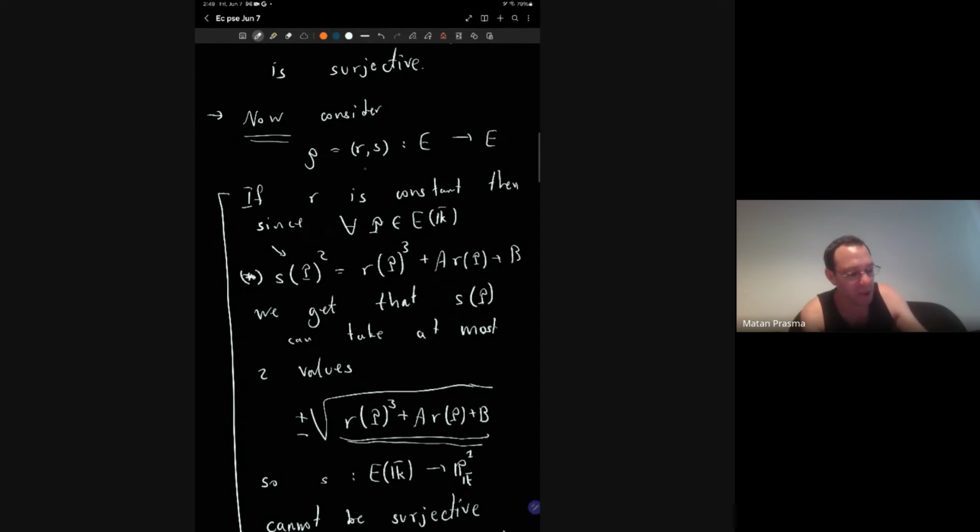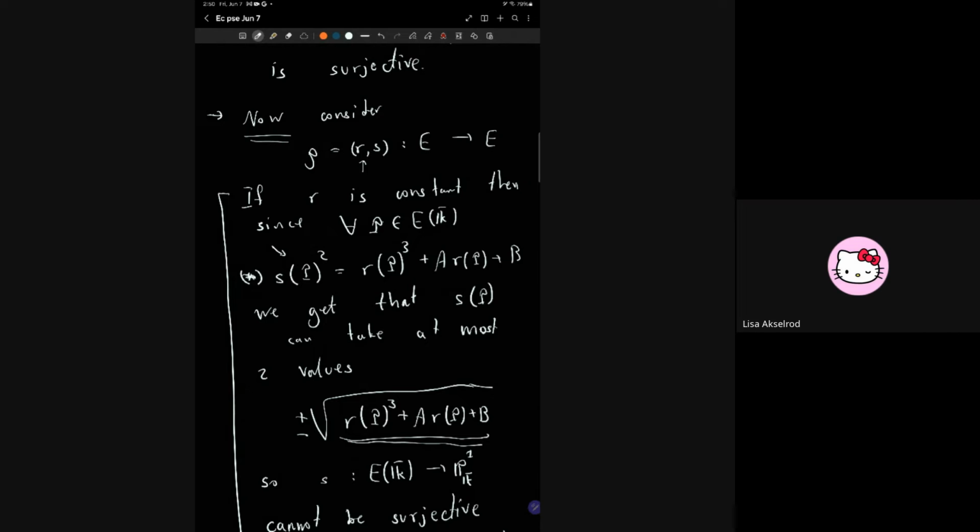Either the first coordinate of rho is constant, and this automatically implies the second is constant, or the first coordinate of rho, namely R, is not constant. But if it is not constant, then the first part of the proof shows that it is surjective. So in fact, if I know that rho is not constant, then I know that R is surjective.